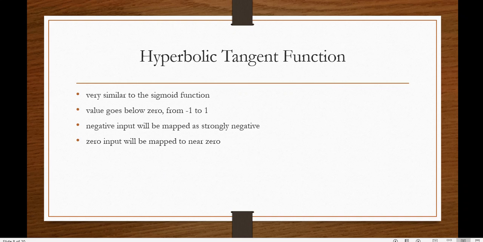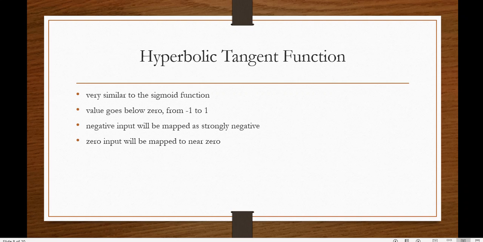So when you have inputs which are mostly negative, the sigmoid function makes not much difference. But if you use this tangent function, you can get some output based on the negative input value. So that is the importance of using this function.